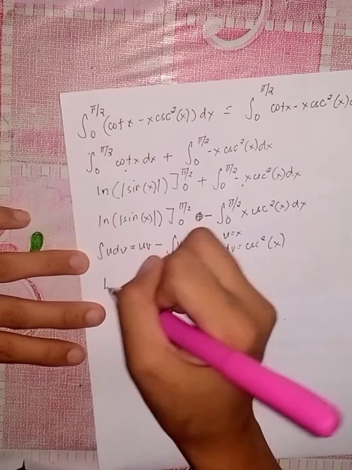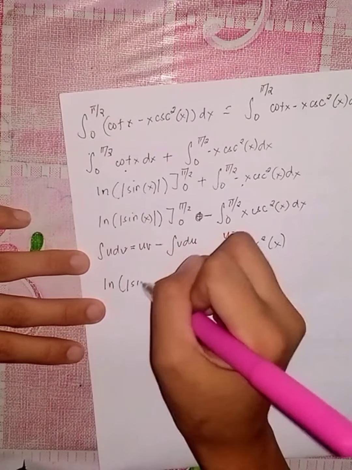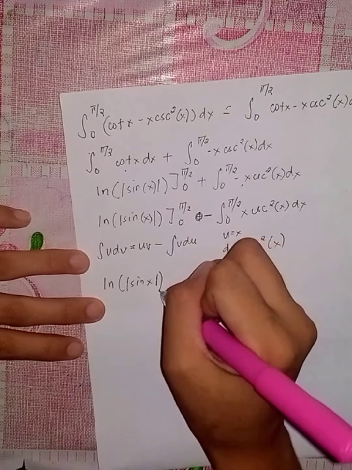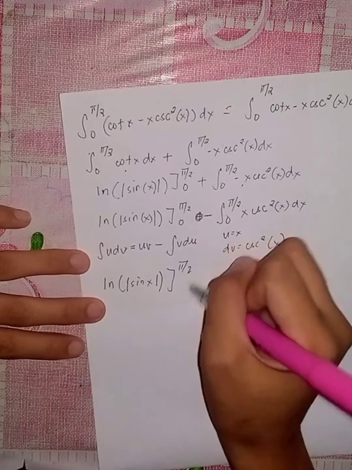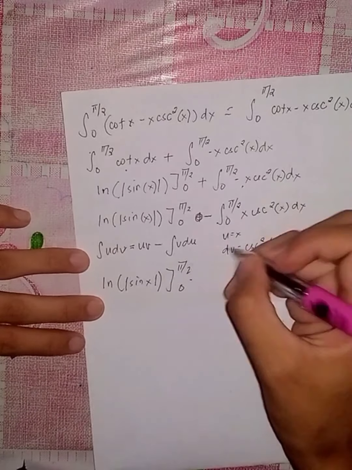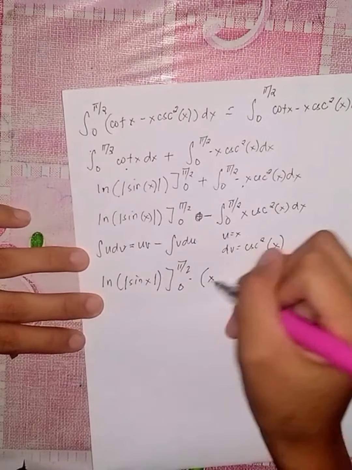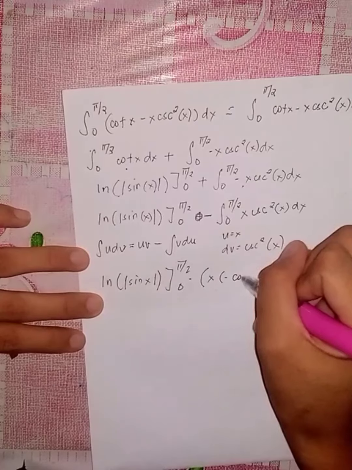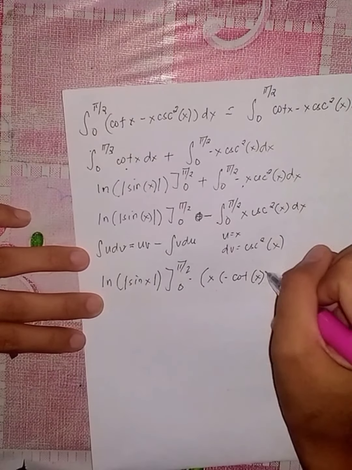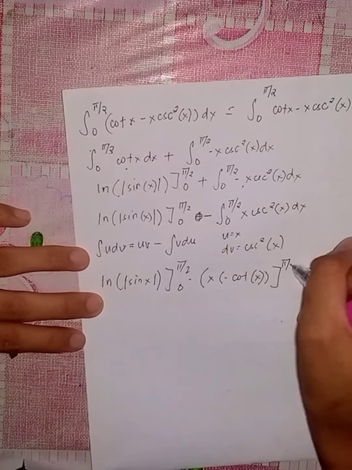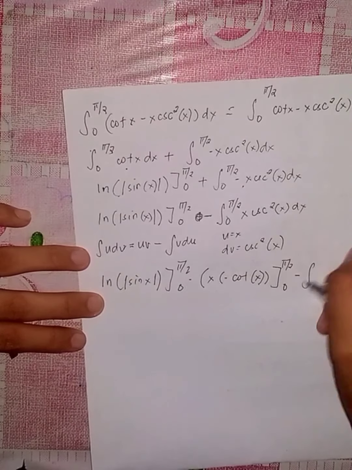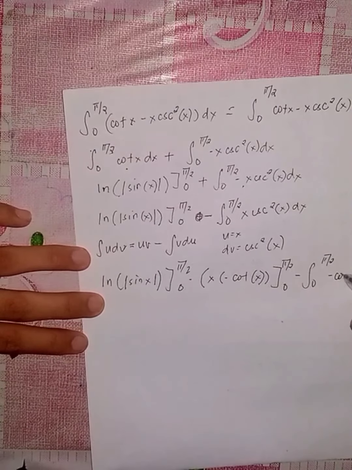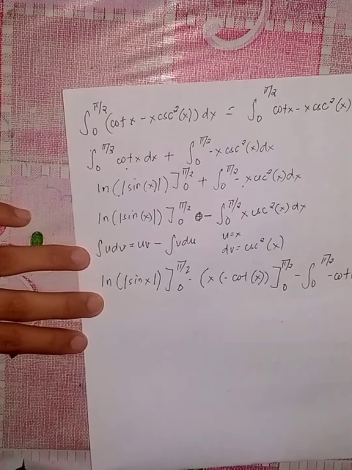So it becomes ln sin x minus the quantity of x times negative cot x from 0 to pi over 2 minus the integral from 0 to pi over 2 of negative cot x dx.